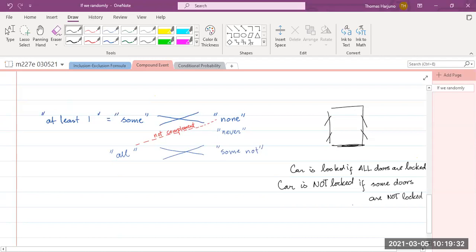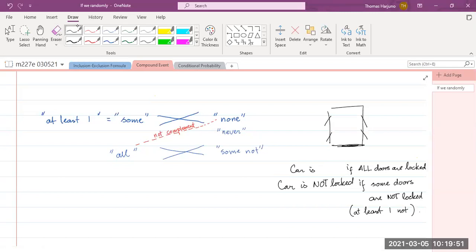In other words, at least one not. So you know the following is an absurd statement. If somebody says, well, my car is locked, at least most of the doors are locked.